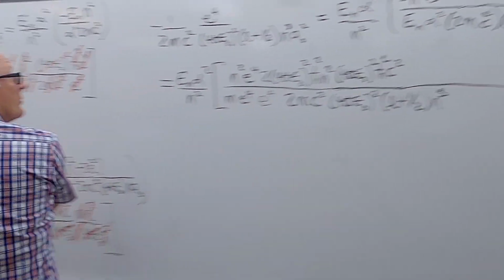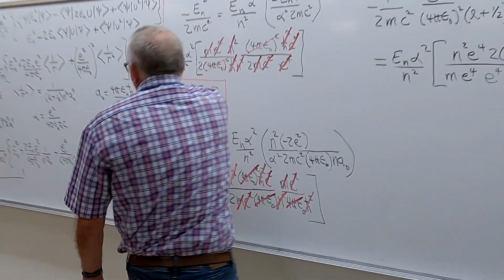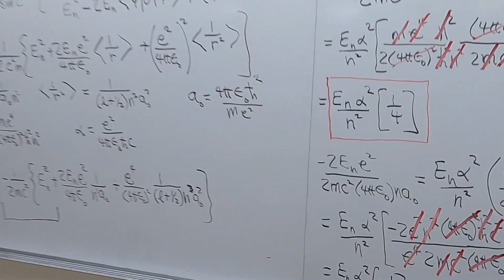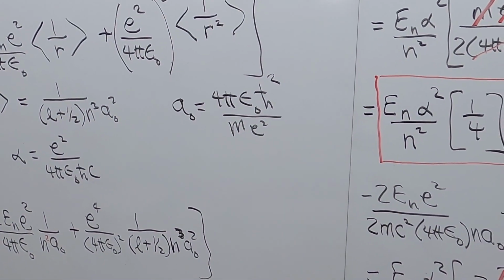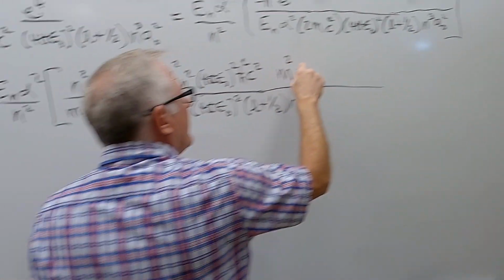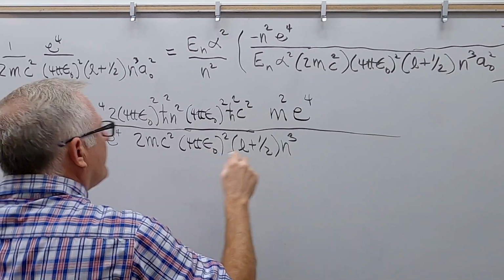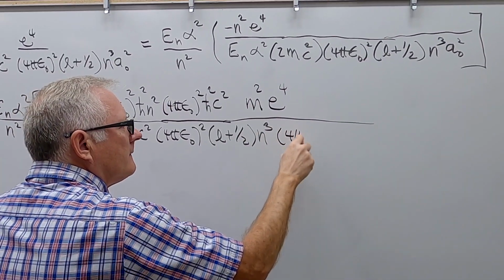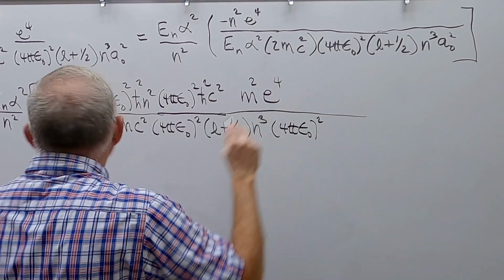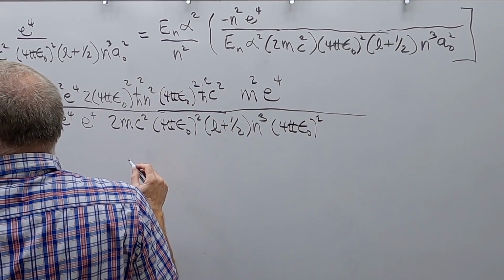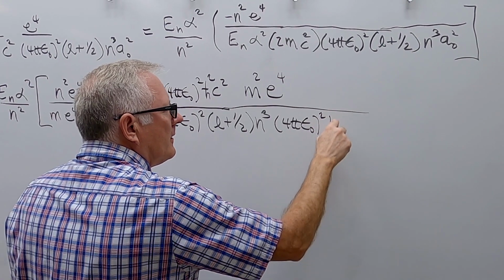Well, a naught squared is in the denominator, so we flip that, so it's m squared e to the fourth all over 4 pi epsilon naught squared, h bar to the fourth.